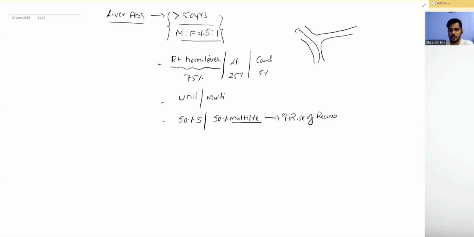It could be unilocular or multilocular, and usually the right hemiliver is involved. And sometimes these abscesses may also result from infected metastases, or sometimes even primary malignant diseases of the liver.